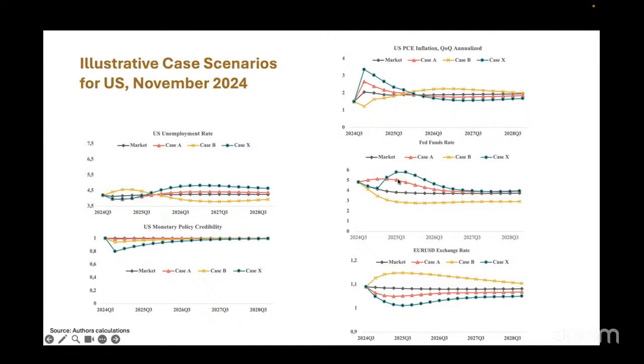This delay will result in a higher increase in the inflationary forces, and in order to re-anchor expectations and tame these inflationary forces, they have to overshoot the interest rate even higher than in the case A scenario.